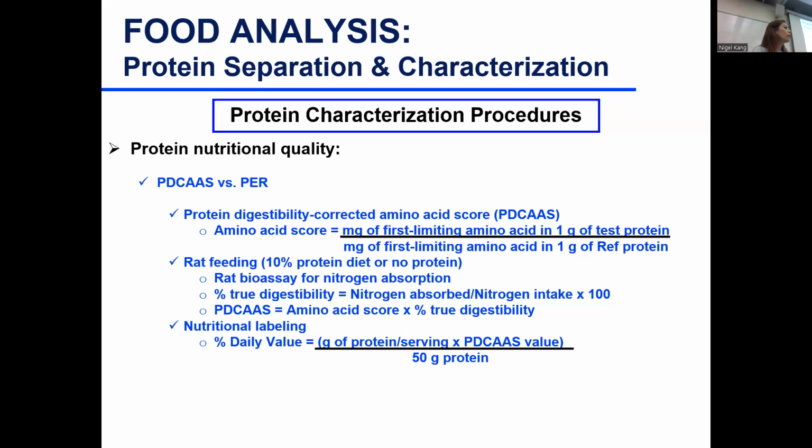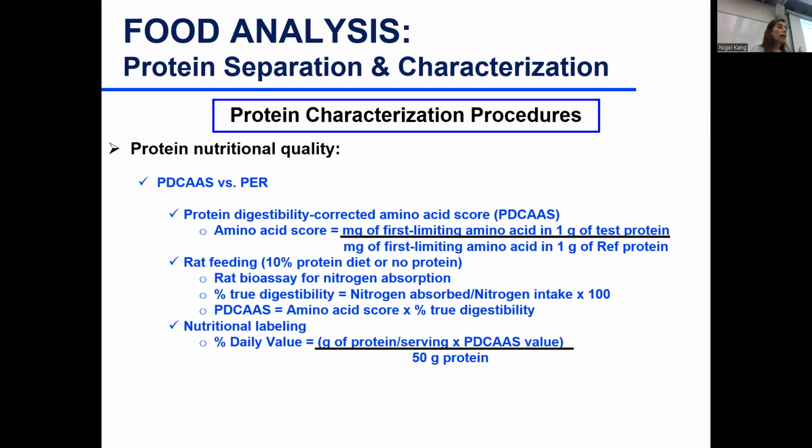In vitro, we use different reagents and different acidic conditions to mimic our digestion system because we are not using rats. And so we need to digest the protein and see its digestibility in our digestion system.